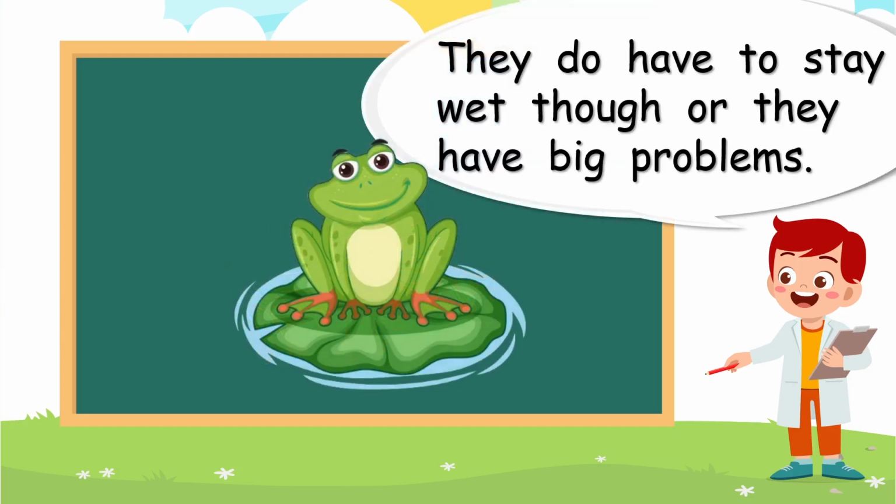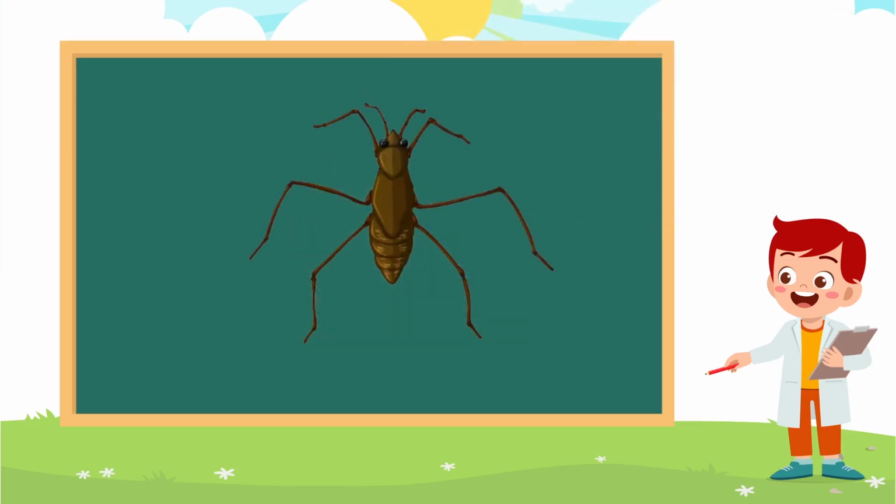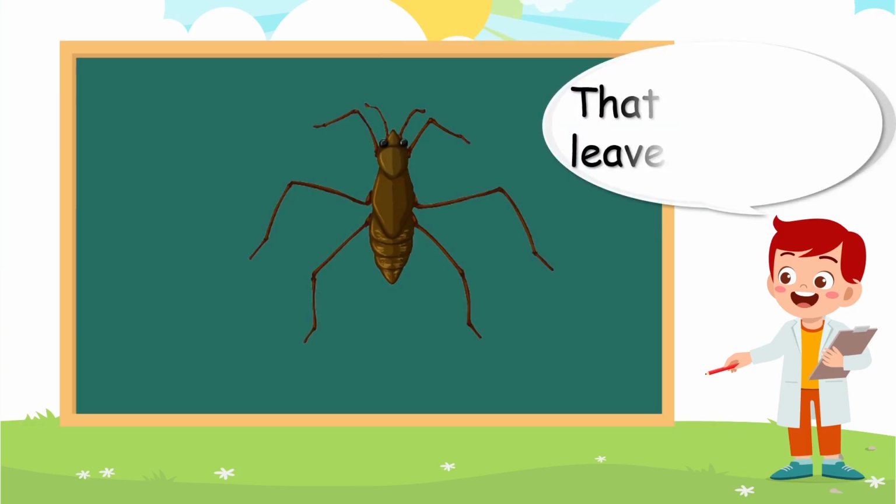They do have to stay wet though, or they have big problems. Their skin is quite thin, and if it goes dry, it will start to crack, and that would not be good. Again, we know what it is.